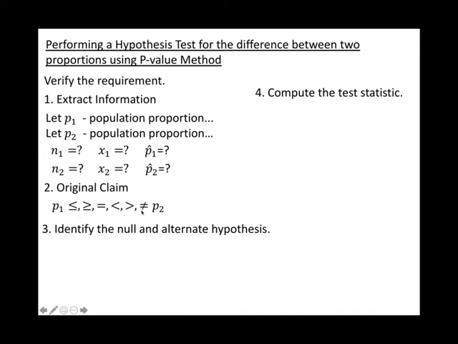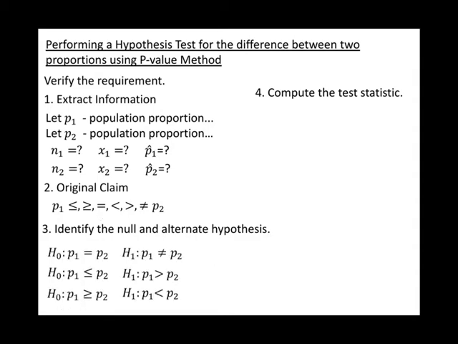It depends on your claim statement here. Null and alternative hypothesis, same idea just like chapter 8. For chapter 8, we compare the population with a value, so we do have numbers in there. But in chapter 9, we are comparing two populations. So the null and alternative hypotheses will be complements.